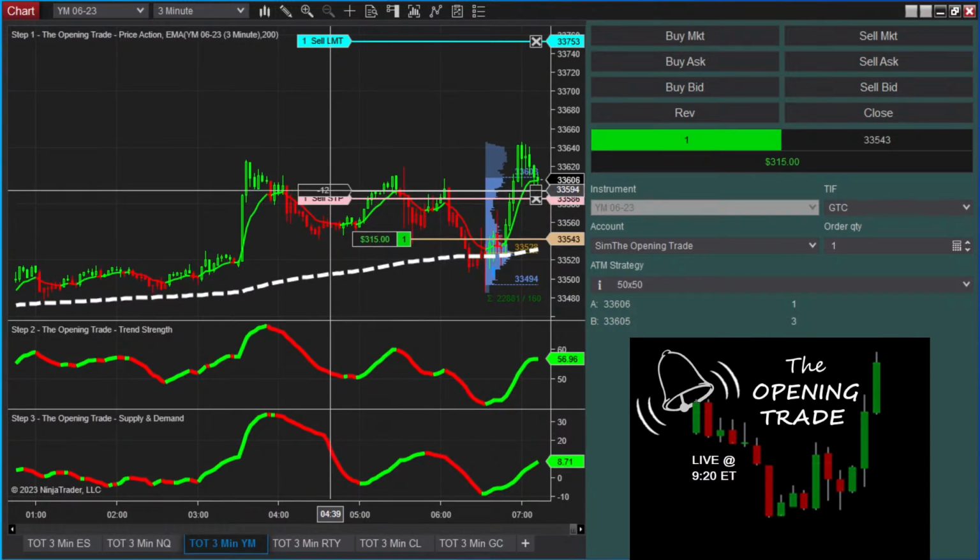I don't want to lose too much of my profit. I'm going to start suffocating the current price action. Again, do what is comfortable for you.